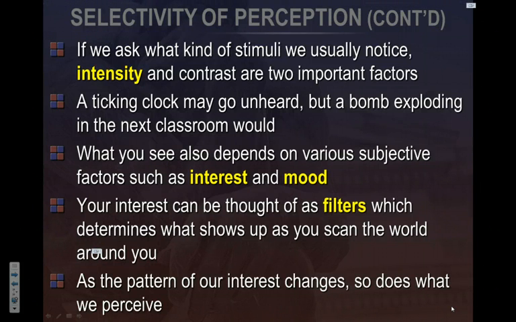Some of it is intensity. If all of a sudden you heard someone screaming in the hallway, that would probably get your attention because of the intensity of that particular stimulus, okay? You also are filtered by your mood, right? If you're in a good mood when you're walking to school, you might notice all the beautiful imagery around you.